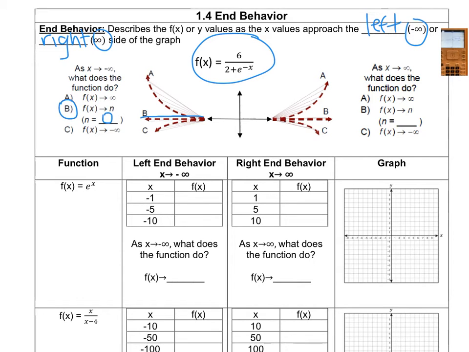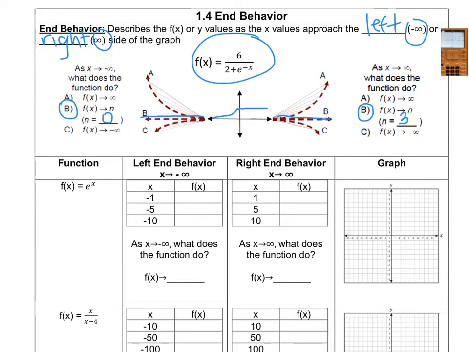If you want, we could sketch a picture of what this graph looked like. It started up here, and then it leveled off to 0, and then leveled off up here to positive 3. So since it also leveled out, we would select B, and instead of approaching 0, the y values approached 3.